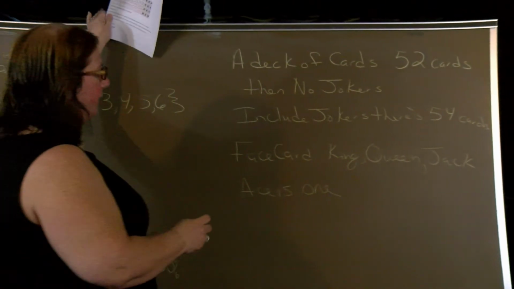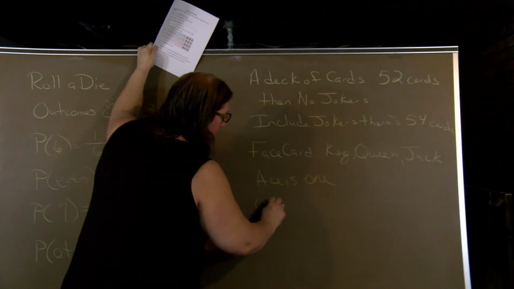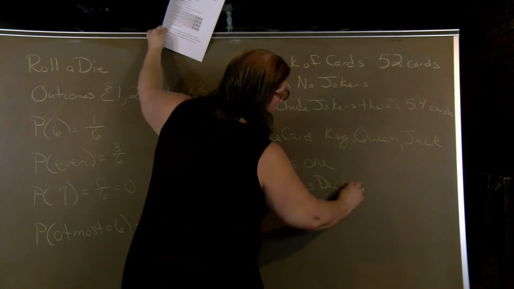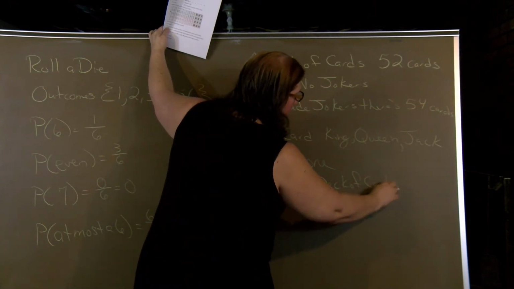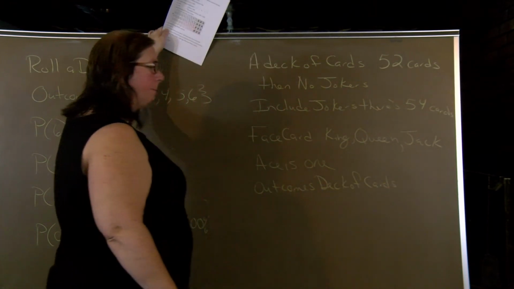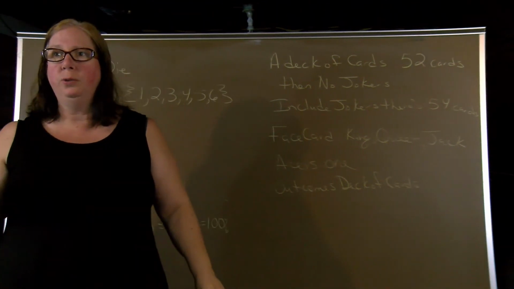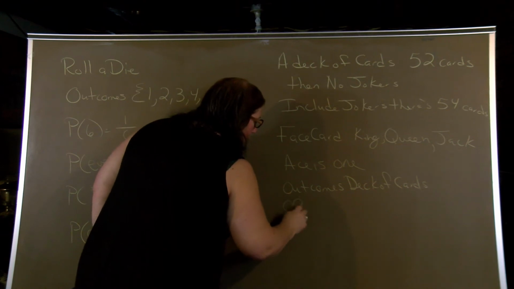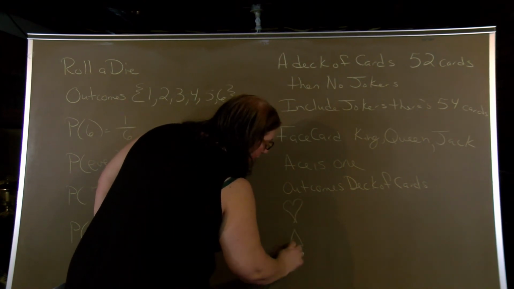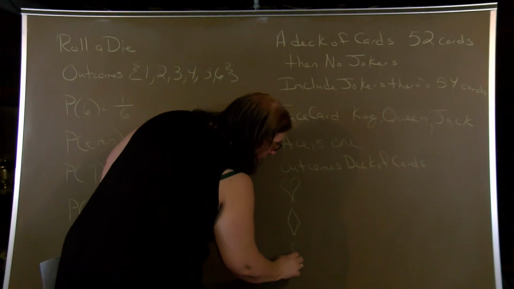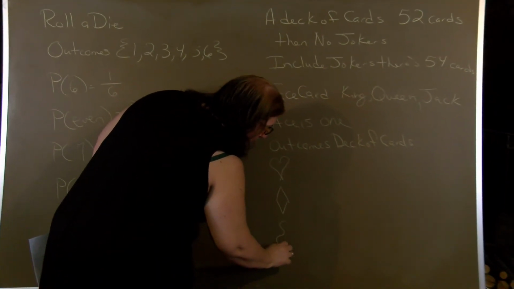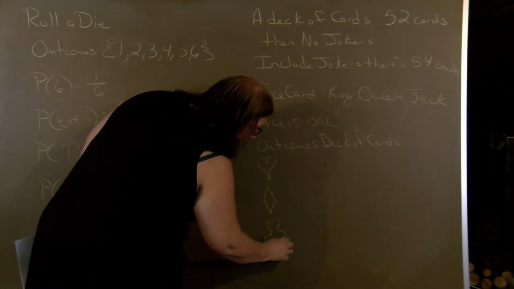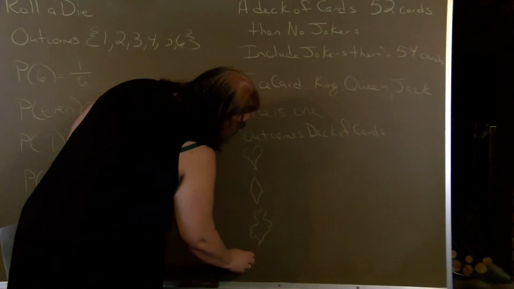So if we talked about the outcomes, it would be all 52 cards. You have your hearts, your diamonds, and your spades.